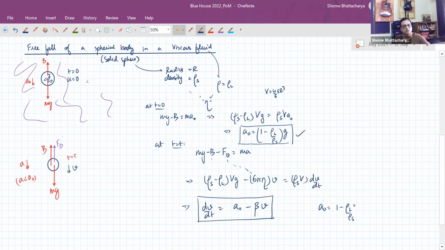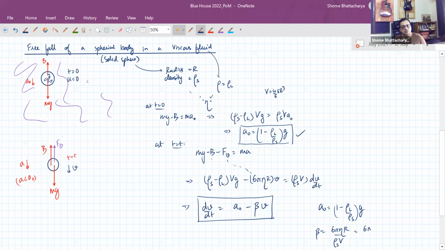I'm just repeating this so that you also learn to write all this very fast. Whereas this factor beta is 6 pi eta r, sorry, I pointed that out, that there is also a factor of r over here. So this is 6 pi eta r divided by density of solid into volume.